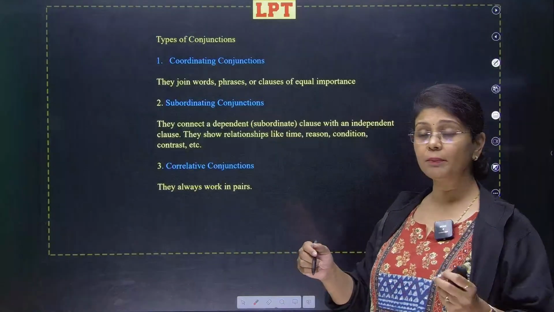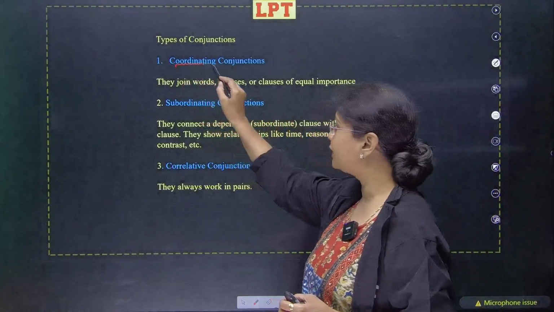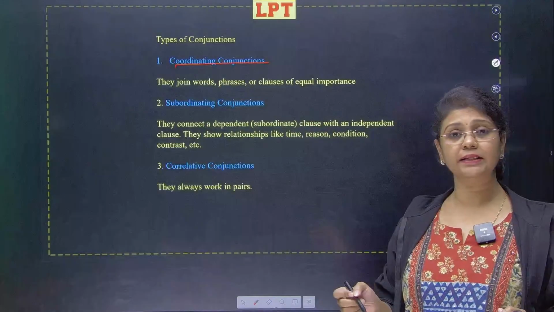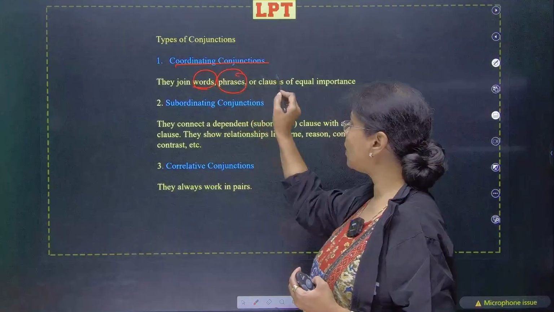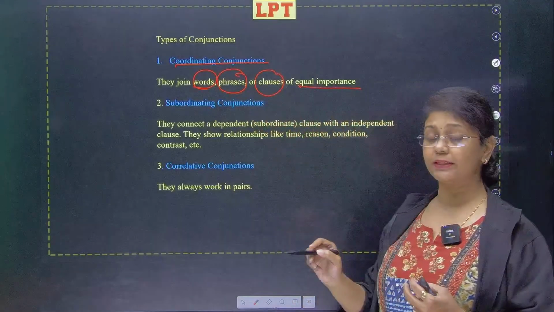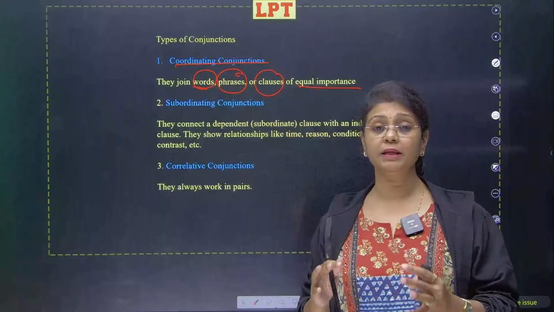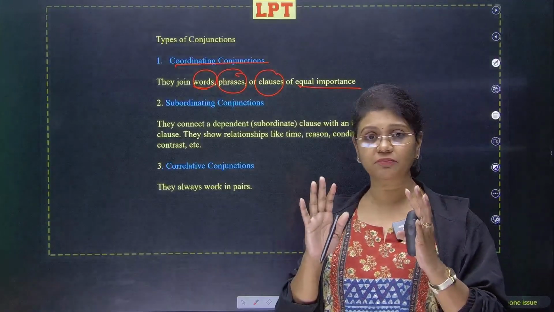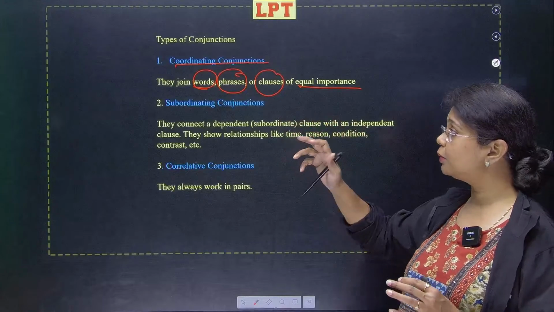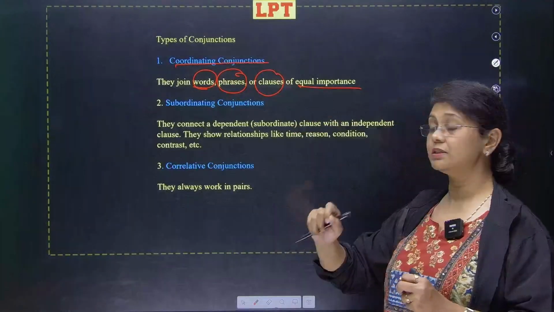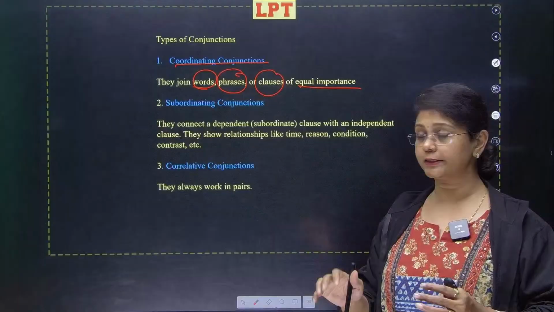So the most common type that you have is known as coordinating conjunctions. What are coordinating conjunctions? They join words, phrases or clauses of equal importance. We will look into what we mean by equal importance, but just for now, understand that coordinating conjunctions are the words that join words or phrases or clauses of equal importance, right?